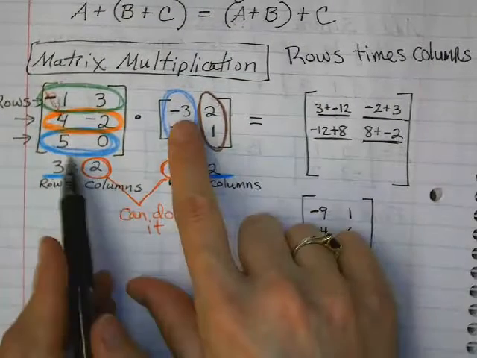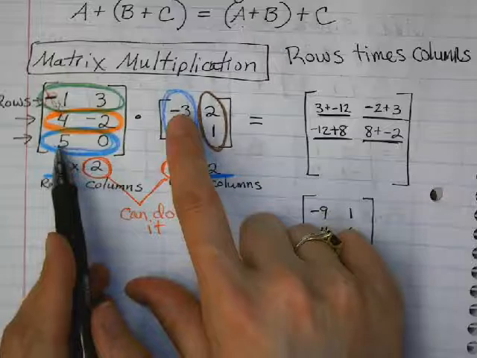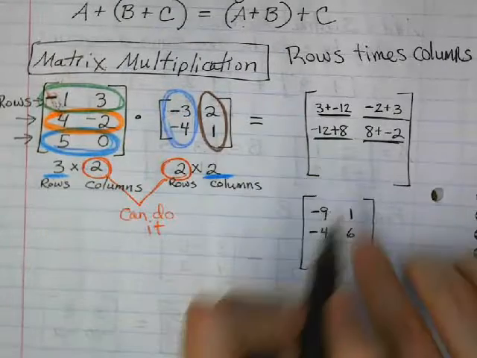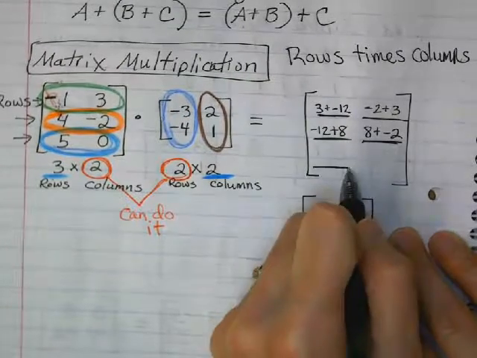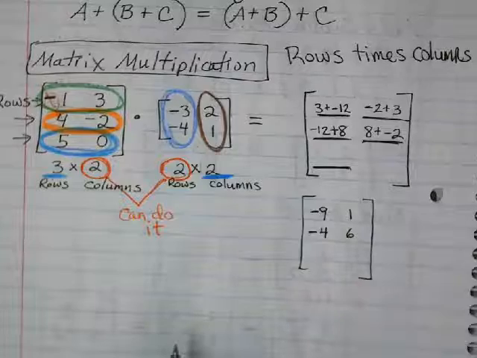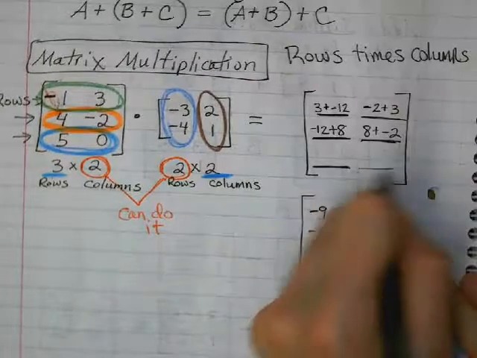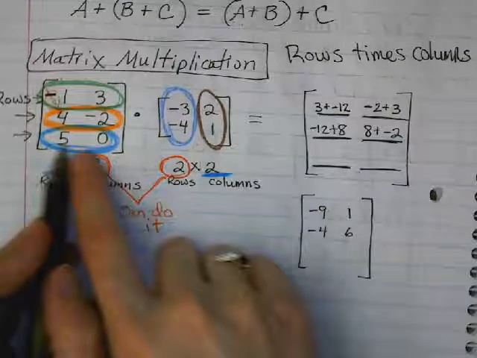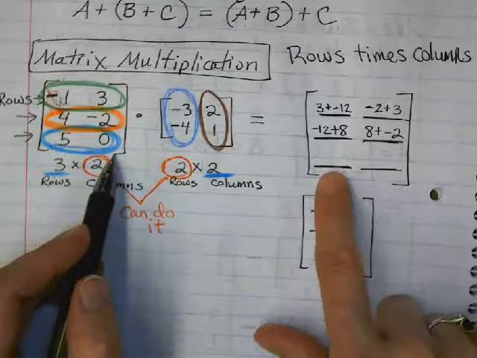So what do you think? Type in the chat, what do you think you're going to put for this one? You can tell me something plus something. See if you can figure it out in the chat. For this blue row times this blue column, what's it going to say?